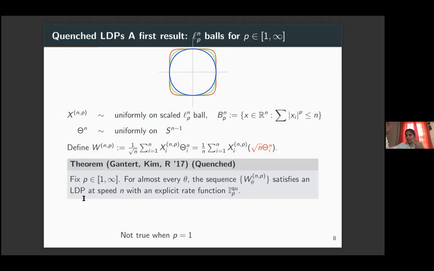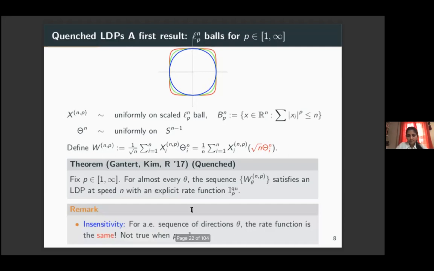So it's like e to the minus n something. The probability that W theta n p is greater than A is like e to the minus n times this exponent I_p^qu, the quenched rate function, evaluated at A. So the answer is yes, you do have this.